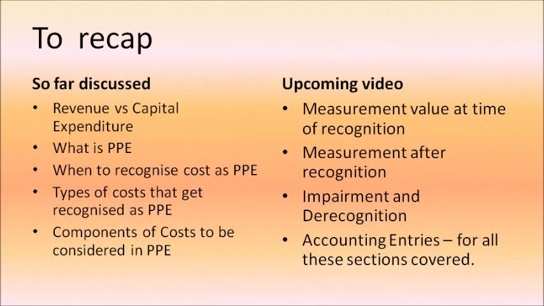Then we saw the types of costs that get recognized as property, plant and equipment, that is the initial costs and subsequent costs, what are the types of subsequent costs and how they need to be recognized. Finally, we saw the components of the costs to be considered. I have asked a short question on how the accounting treatment should be in the test your knowledge section.